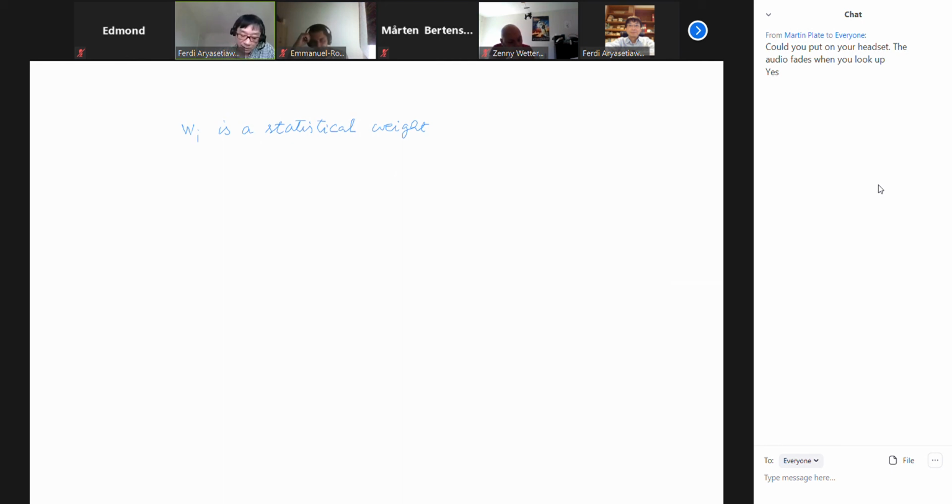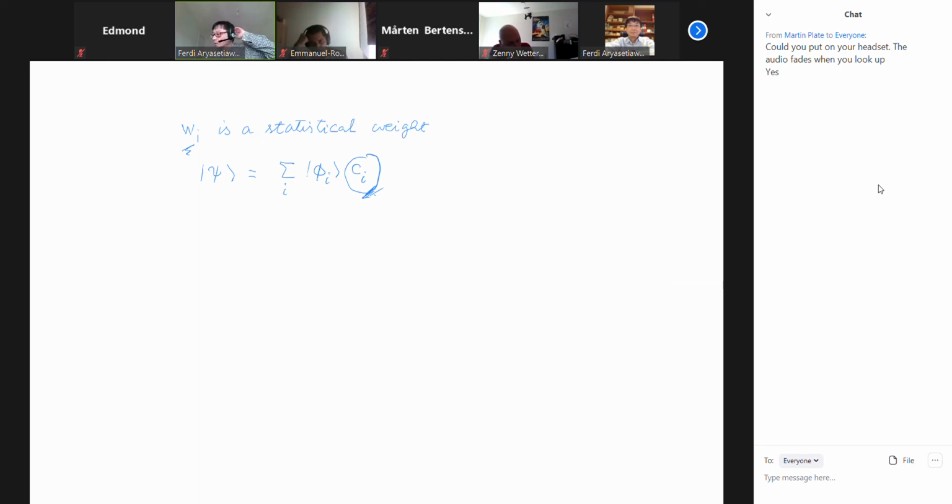If we have a state psi, we can expand this in some base vectors, like phi i, and we have this coefficient Ci. This Ci here is not related to this statistical weight. So W_i is just a statistical weight. It's a real positive number. Whereas this is a coefficient, which can be complex, and there are phase relations between the different coefficients.